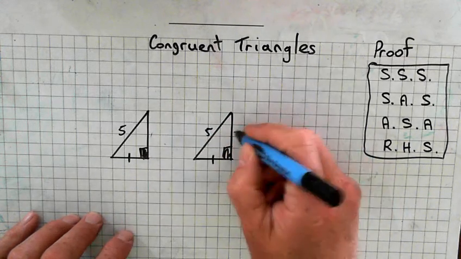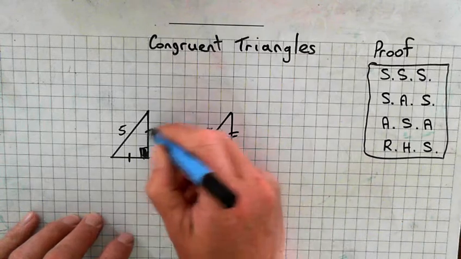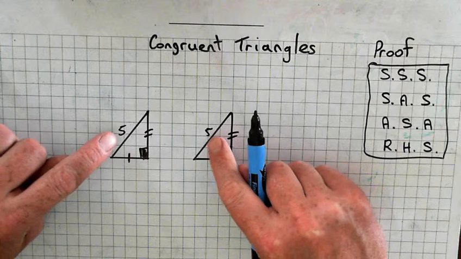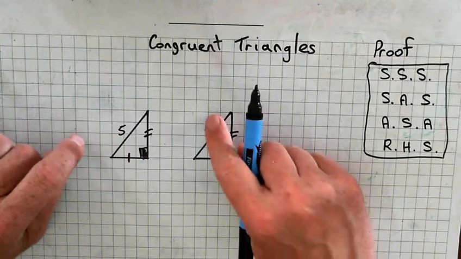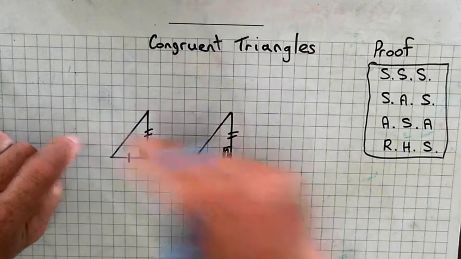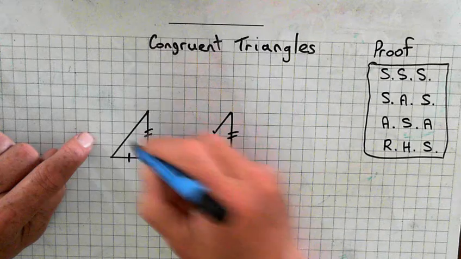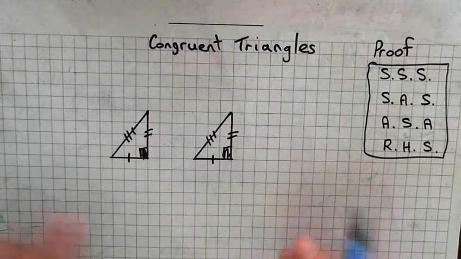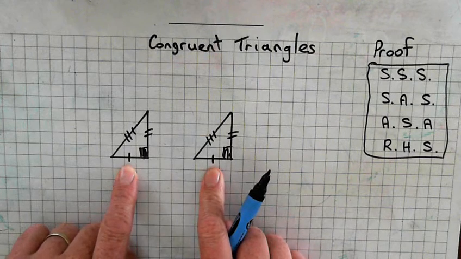We can display that by using 2 dashes. Those two sides are the same. And the hypotenuse, the longest side, that side is the same as that one, isn't it? 3 dashes is the same as that one. Alright? So we have one side that's the same.